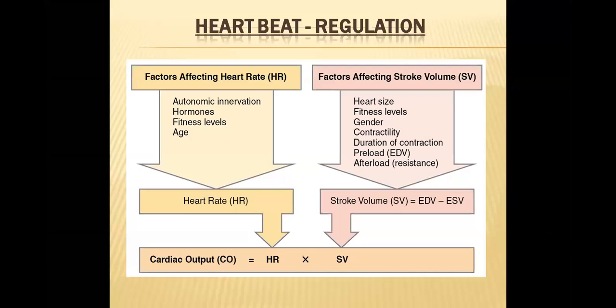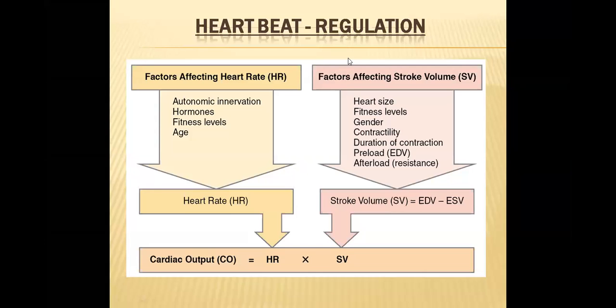Total blood is not going to come out of the ventricles during the systole phase. Most of the blood goes out, but some blood remains. The amount of blood present at the end of the systole is called end systolic volume.